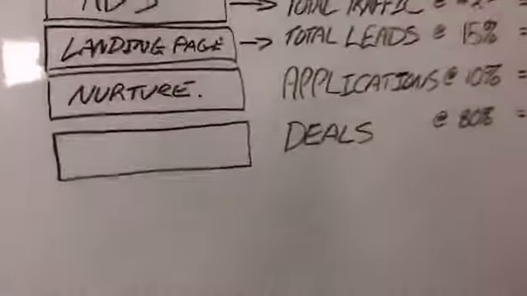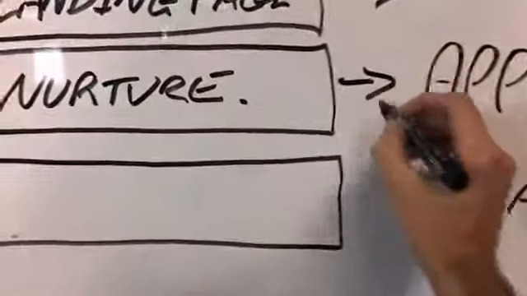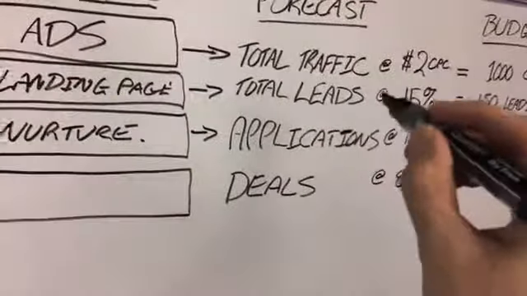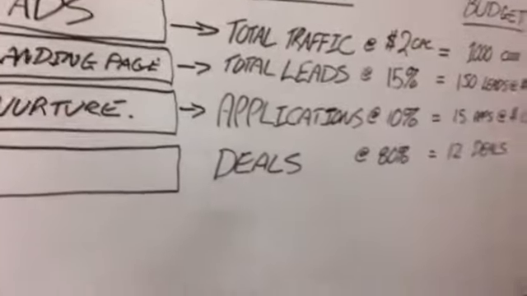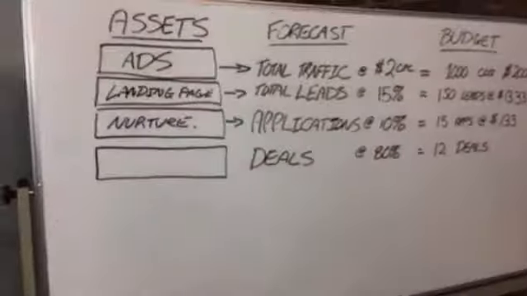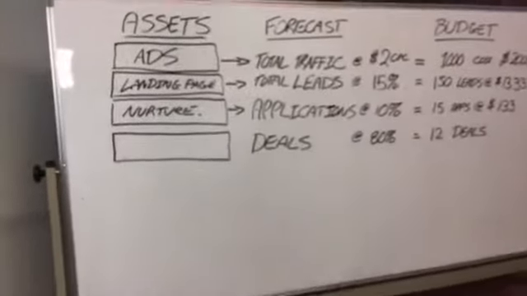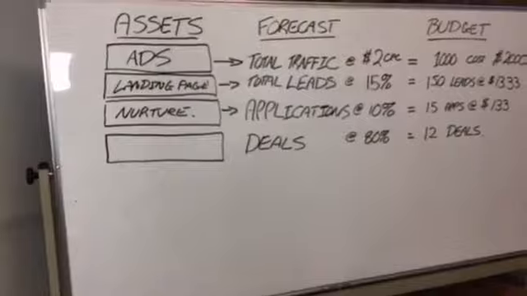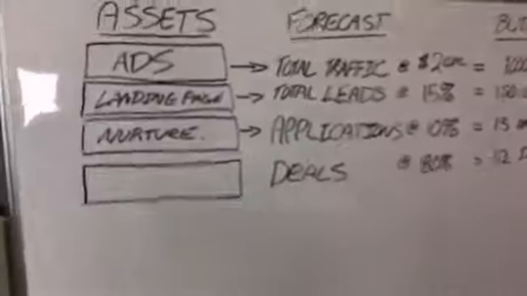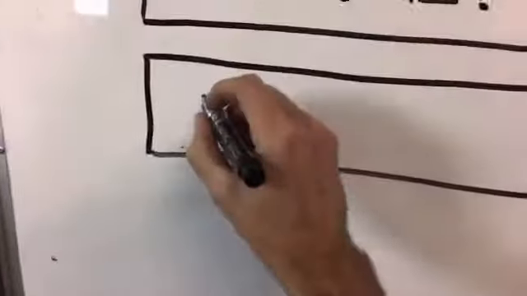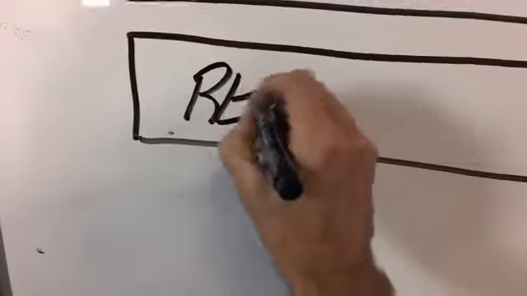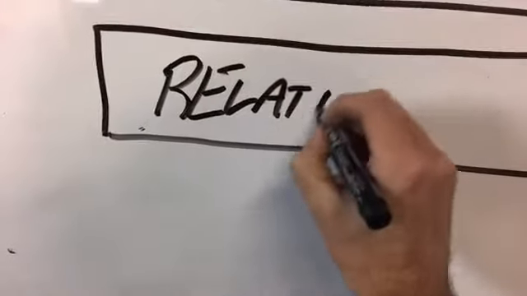That nurturing is taking people from not really knowing who you are as a lead and turning them into an actual application in your business. And then from that nurture process, once you get that person as an application, you need to turn them into a deal, which is the relationship phase.